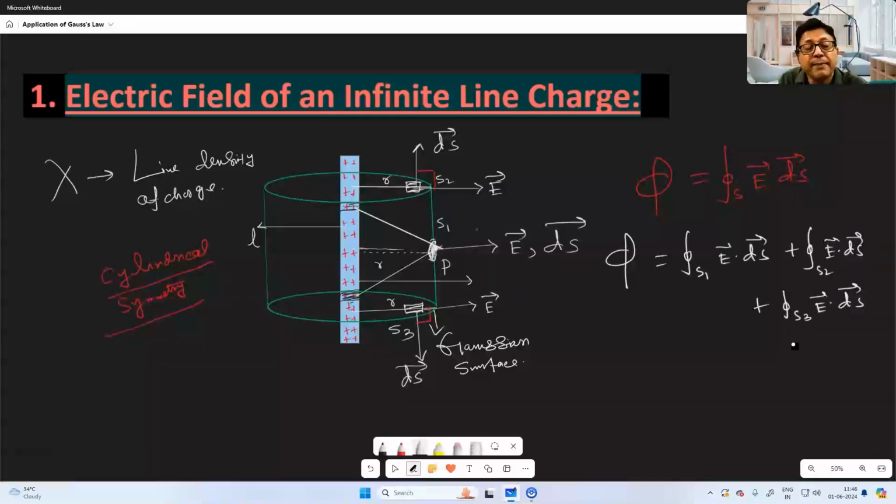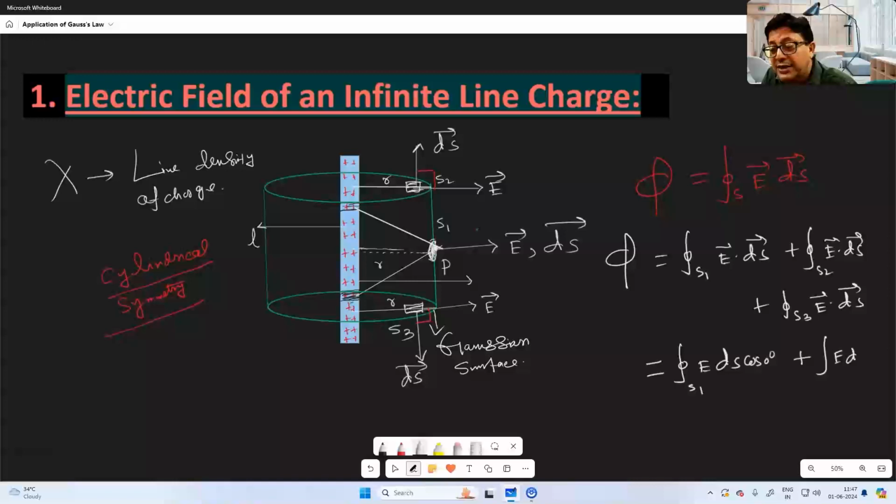and E has the same value. So E on the surface, we just take E, it will be E ds cos 0 degree over the surface S1. Here it will be E, this is what? This is cap 1, cap 2, whatever, these two end caps.